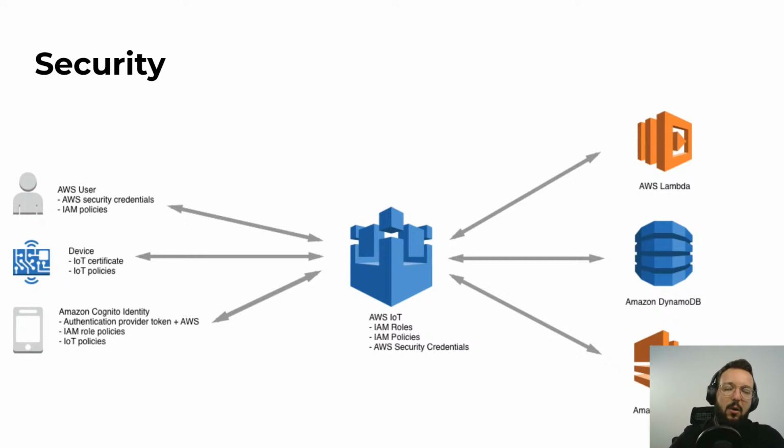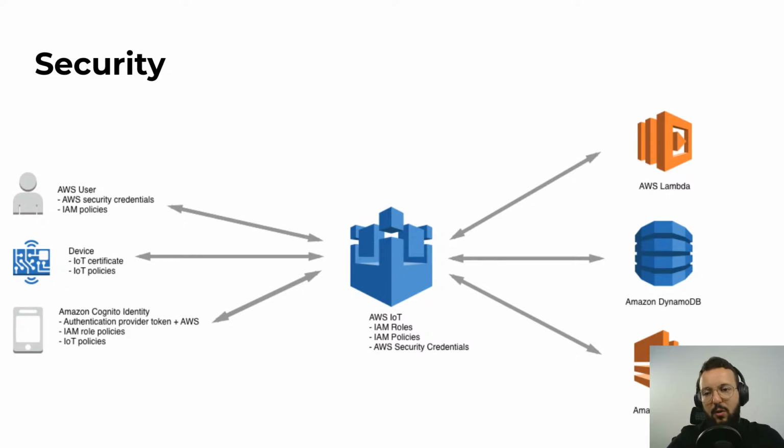So speaking about authentication and authorization, it fully integrates with IAM. So you can leverage IAM roles and IAM policies. The same goes with security credentials. You can create very precise IoT policies for the devices.